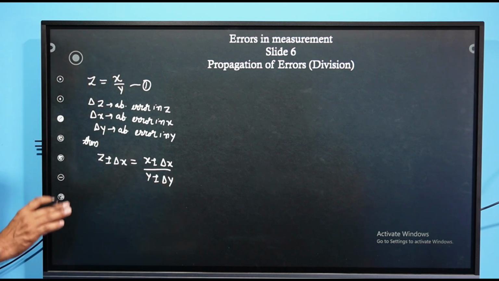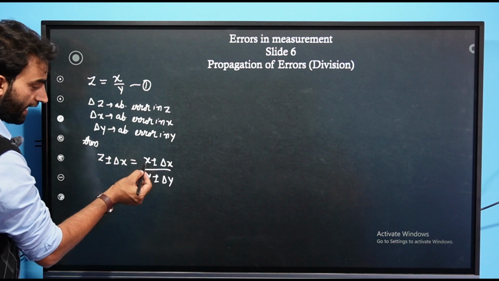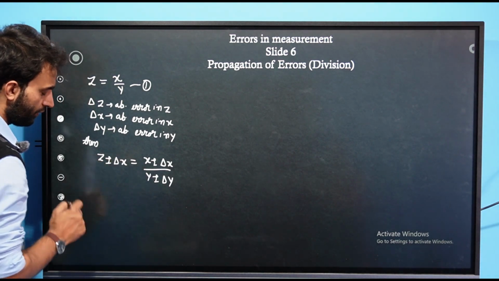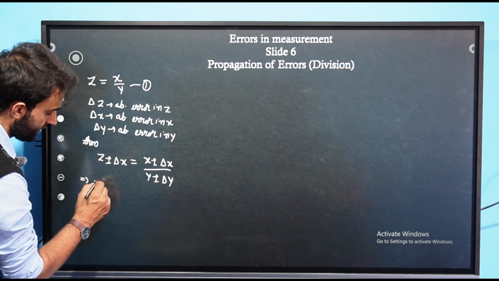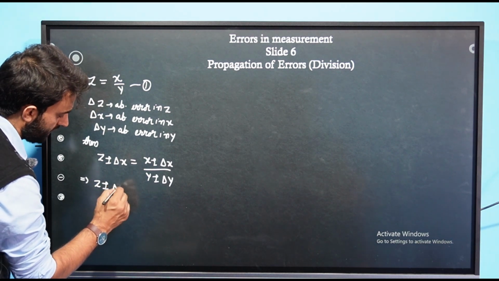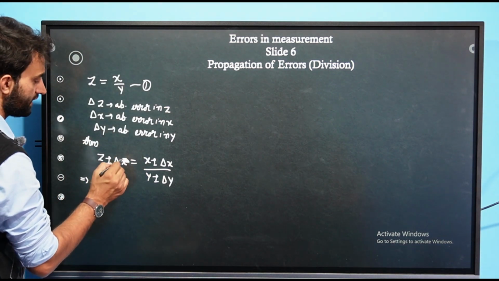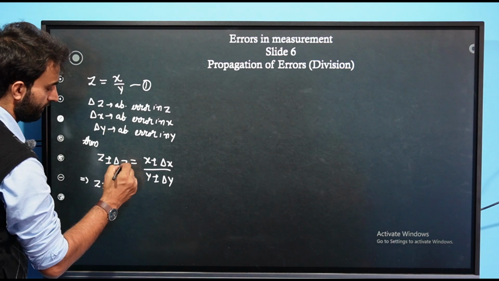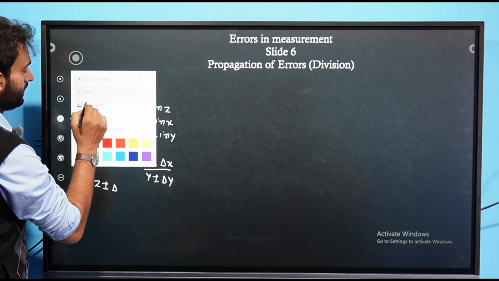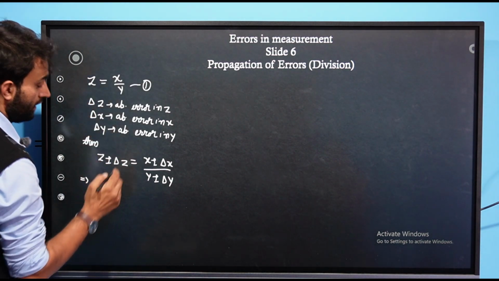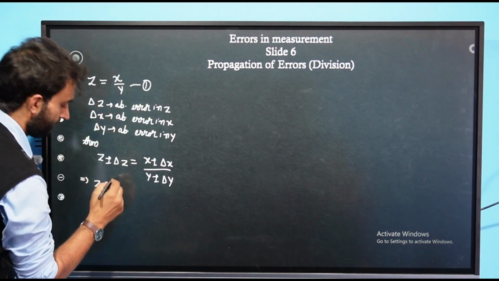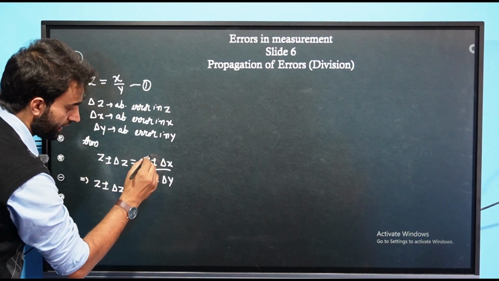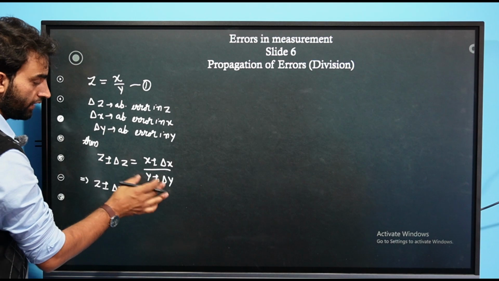Is it fine? Let's do one thing. Let's take x common from here and y common from here. So we can write z plus minus delta z. Let us take x from the numerator common and y from the denominator.